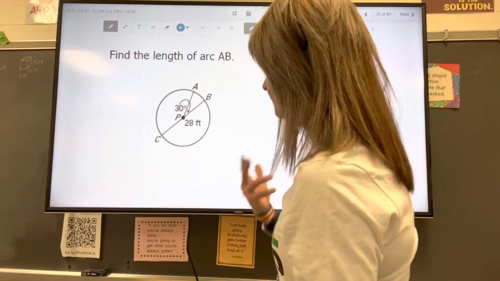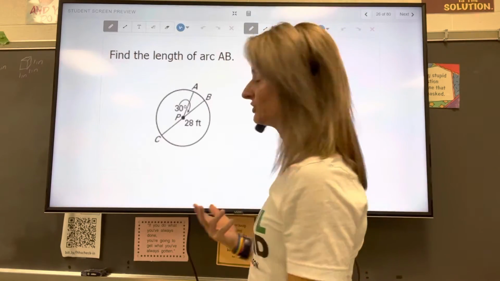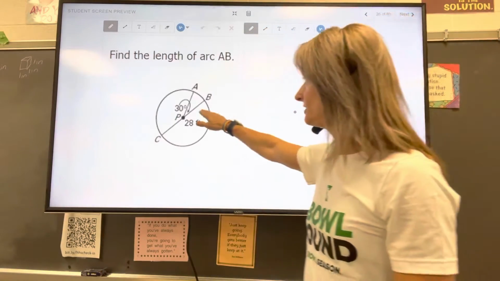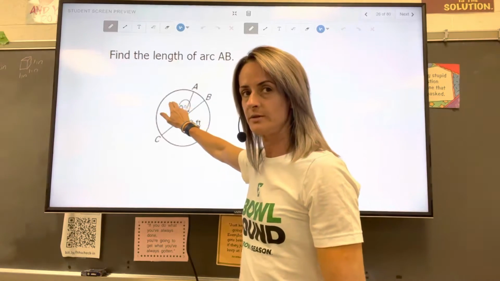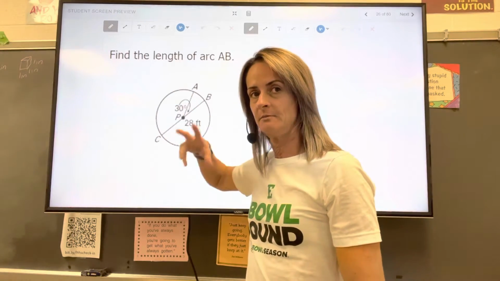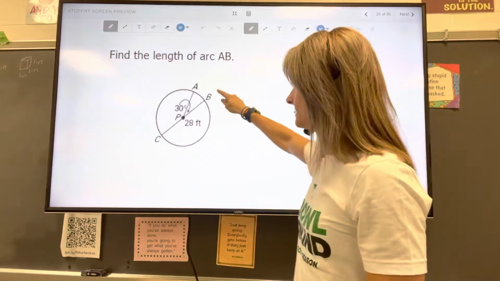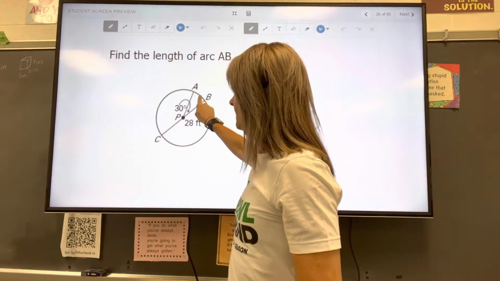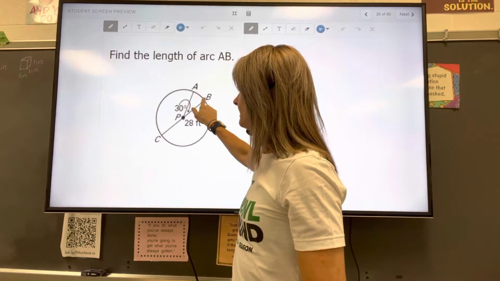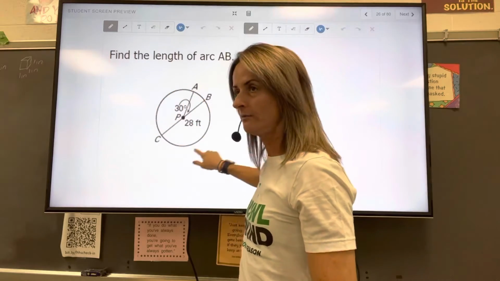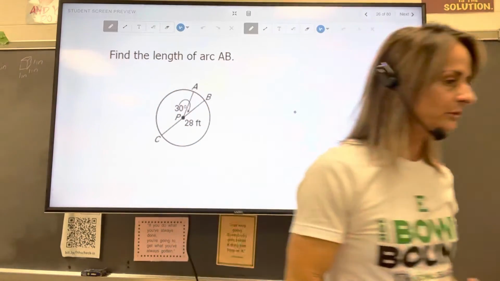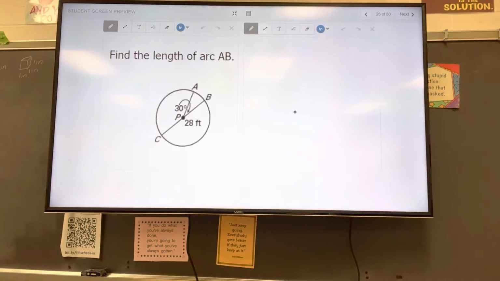So the easiest way I think to do this is to write a proportion, because 30 degrees is part of 360, and that is the same relationship as the arc length is part of the entire circumference. So what we'll do is we'll write ourselves a proportion.